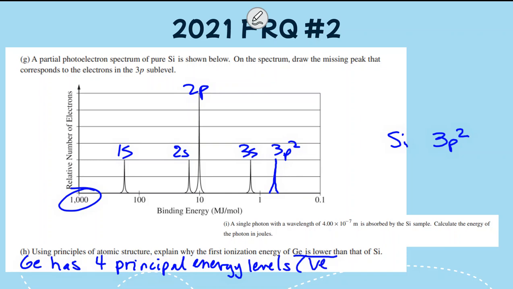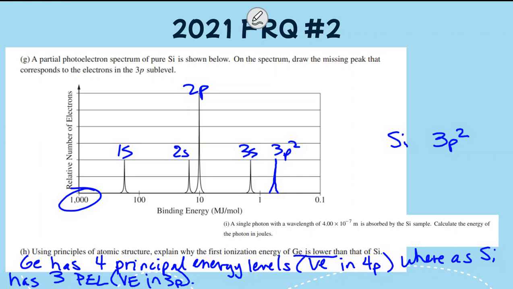You know, valence electron is going to be in the 4p, right? Whereas silicon has 3 principal energy levels, okay? Valence electron in the 3p, okay? Start there.